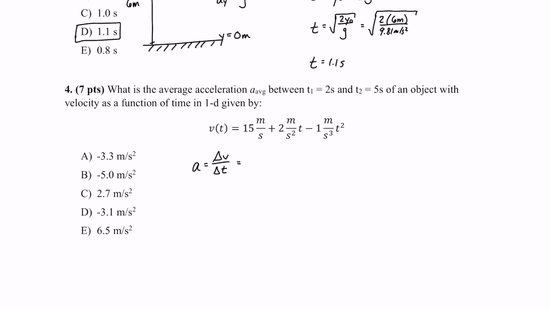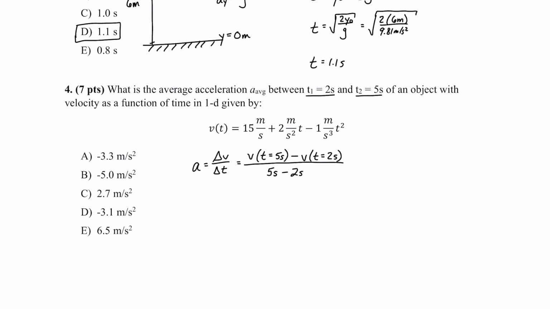Given that they tell us time 1 and time 2, to figure out the change in velocity, we'll want to know what is the velocity for t equals 5 seconds, and subtract from that the initial velocity of this time frame, which occurs at t equals 2 seconds. For our time in the denominator, that would be 5 seconds minus 2 seconds.